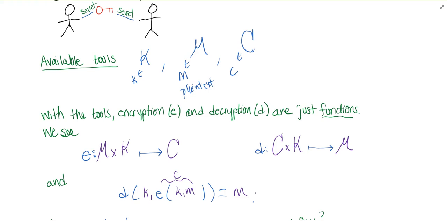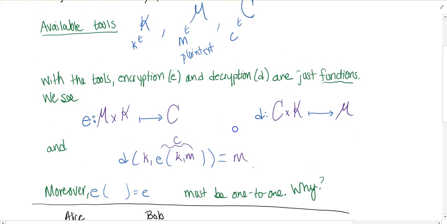One other thing is that sometimes when we're looking at this function E, which takes two elements and produces the encrypted message, we just note this as E sub k of m, because once we choose the k, we're really just interested in the message. So the key is usually denoted as a subscript.